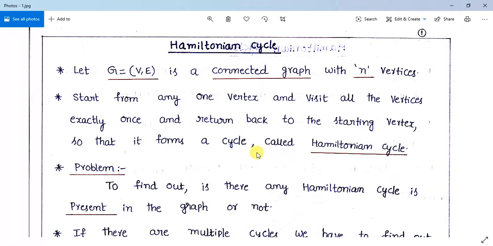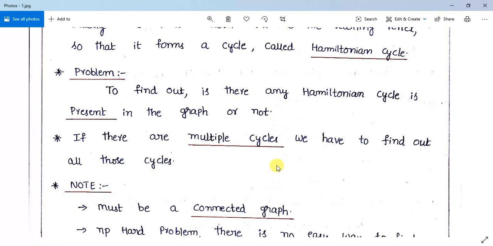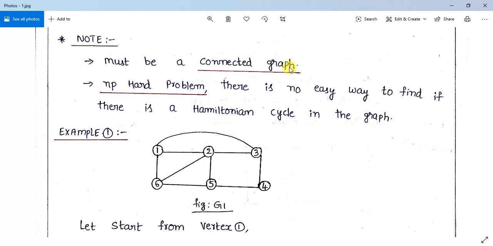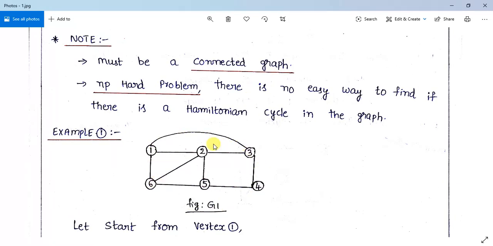We will see an example, and you can easily understand it. Let us consider this graph. It is a connected graph, so you can start from any vertex. In general, you take the first vertex as the starting vertex itself. I start from vertex 1: 1 to 2, 2 to 3, 3 to 4, 4 to 5, 5 to 6.